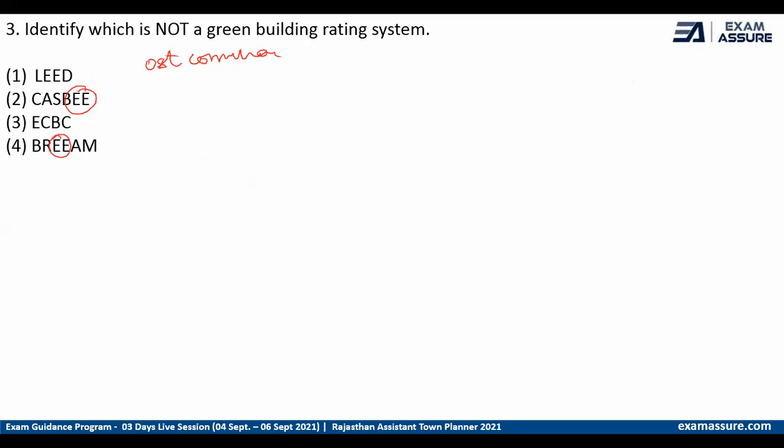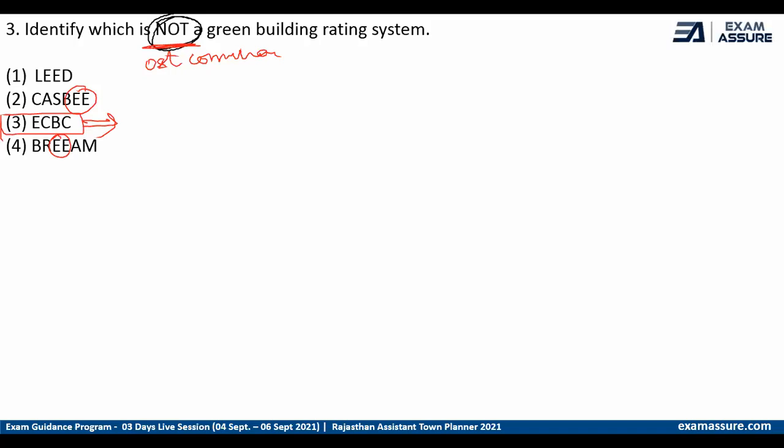LEED is the most common, Leadership in Energy and Environmental Design. I think most of us have heard about it. So from this we can understand that LEED is one of the three options, and the question has been asked about which is not a green building rating system. ECBC is the Energy Conservation Building Code. This is also a very popular code. So I think most of us know the answer, ECBC.